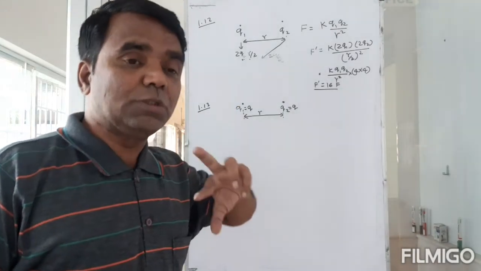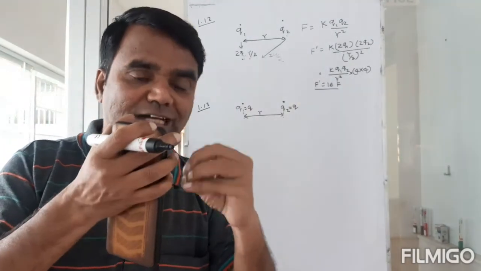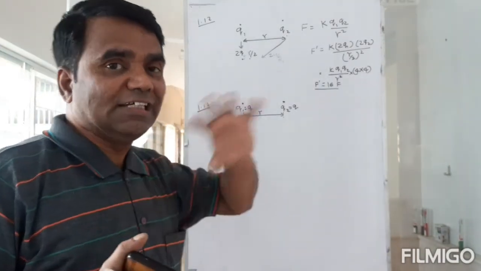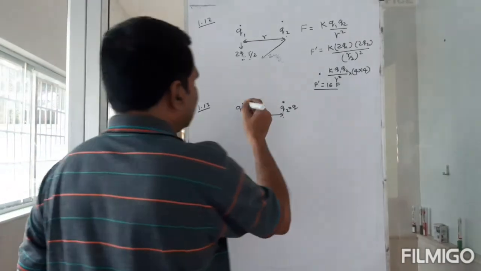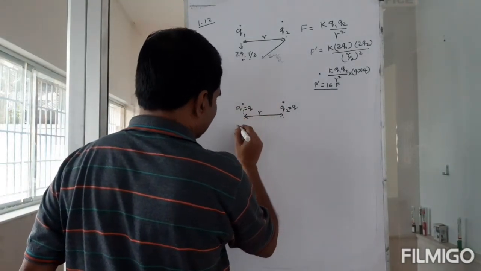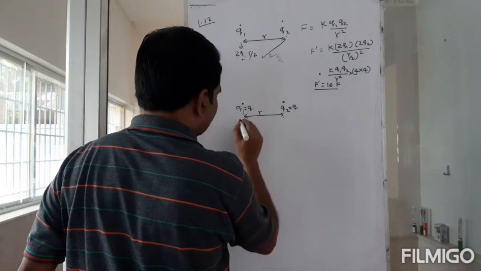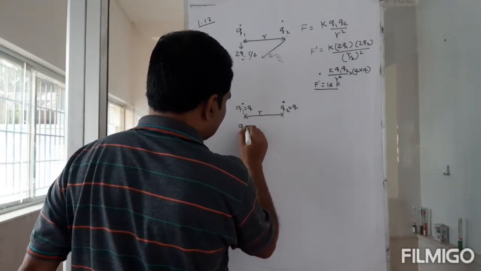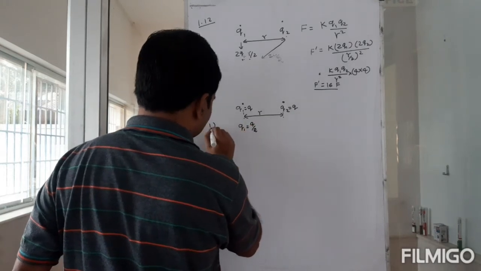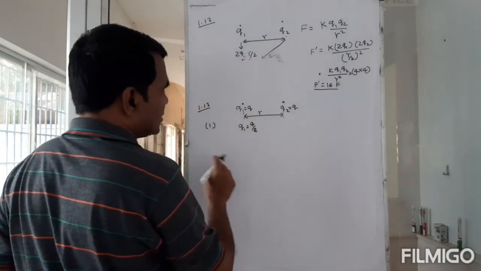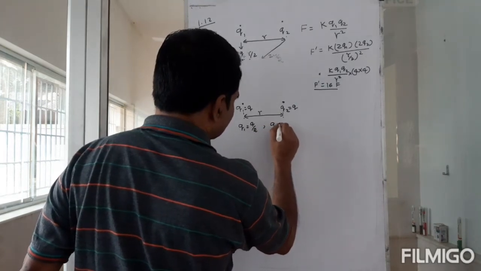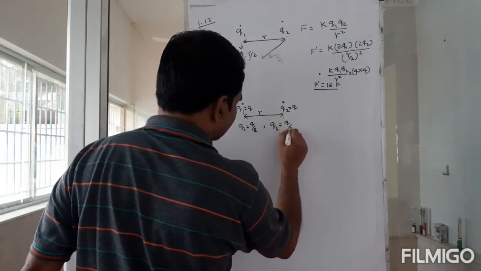The charges will be shared equally because they are of identical sizes. So when you bring the third sphere and touch this sphere, Q1 will now have Q by 2. In the first touch, this is what happens, and Q3 is going to have Q by 2.